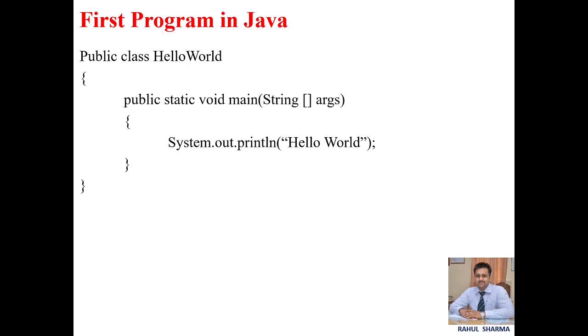These three we have studied in C++ also, but in Java there is one more access specifier, that is default. So when the first three are not written, then that class will automatically belong to the fourth category, that is default. Here default is not a keyword, it's an access specifier.